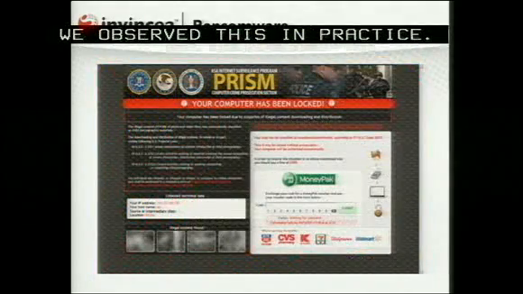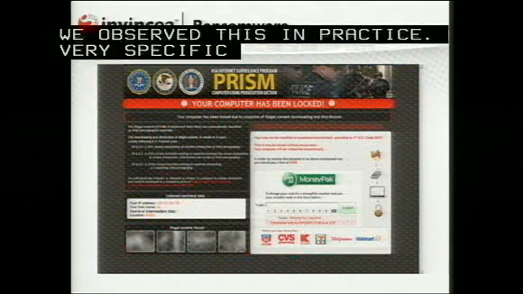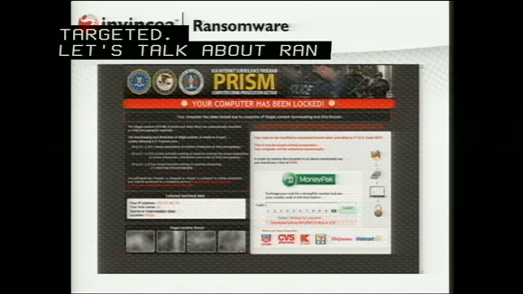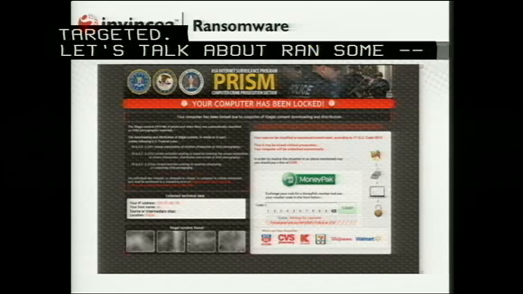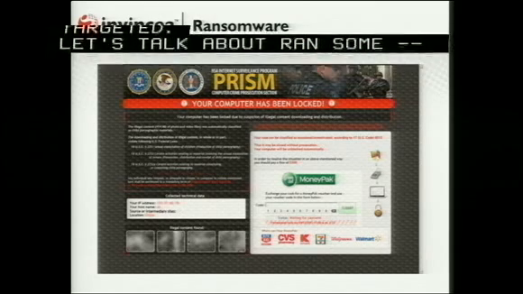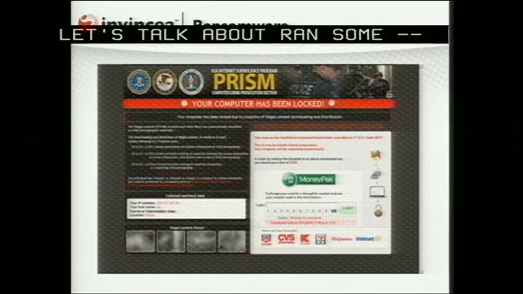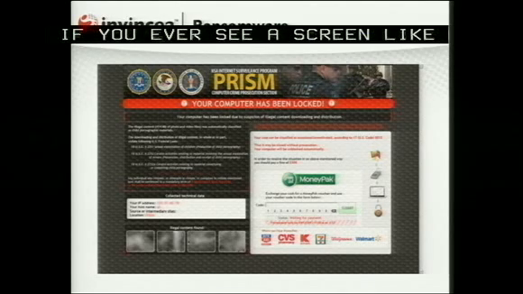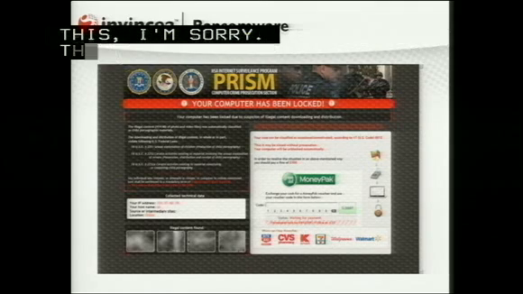In fact, I've got an even better example of this. Let's talk about ransomware for one second because people don't necessarily know about it. If you ever see a screen like this, I'm sorry, that's probably the best I can give you. This is really bad stuff. Ransomware means your machine has been taken over and they've encrypted your files. They will now hold all of your files for a ransom. And it's not cheap. It's typically hundreds of dollars.